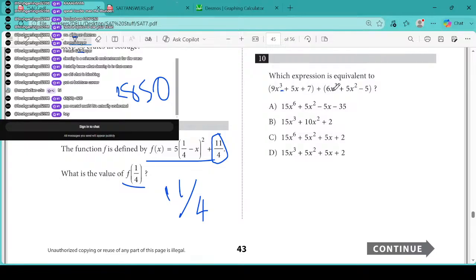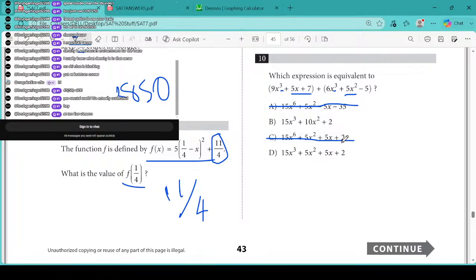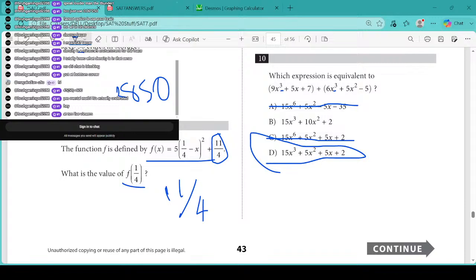X cubed, because you don't add the powers when doing addition. So it can be A, it can be C. 5 plus, oh, you can't add these two. You can't add 5x and 5x squared. So it will be D. The answer is D. Just do a bit of mental math, guys.